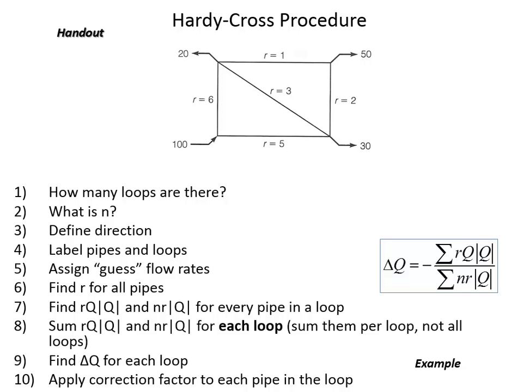And now I think you'll see why that absolute value of Q is there: you don't want to have Q squared, because you'd lose your negative sign if you squared Q. But because we have Q times the absolute value of Q, that allows you to preserve the negative sign associated with that being against the clockwise direction that was assumed. Now, let's add up these three things. If you add everything up, you're going to have 3175.